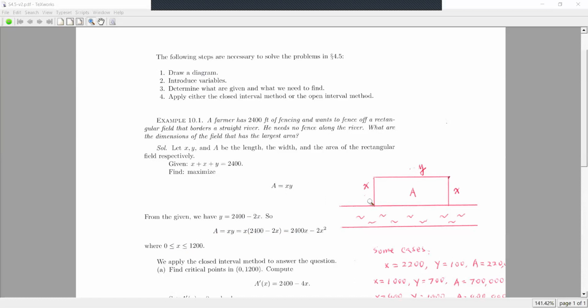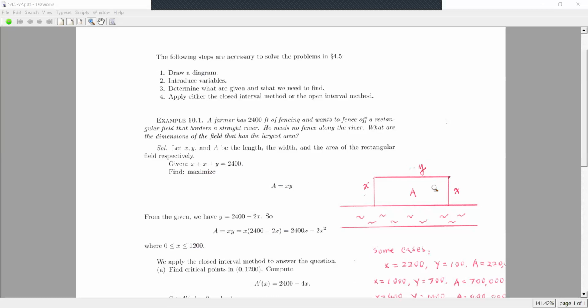The width cannot be a negative number. x cannot be greater than 1200. When x is greater than 1200, to satisfy this equation, y must be negative. But y is the length of the field.